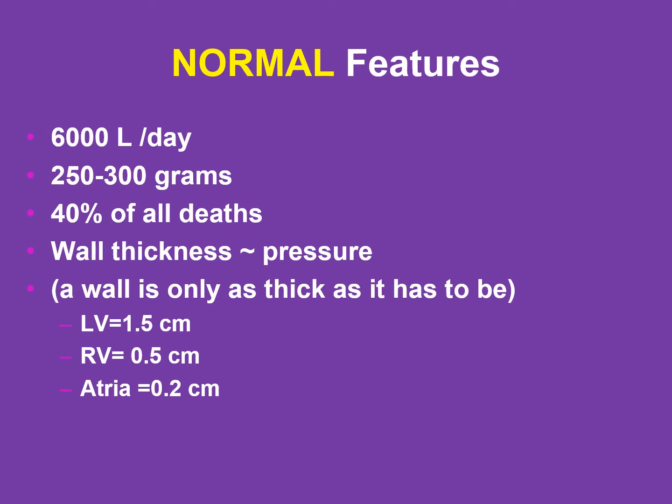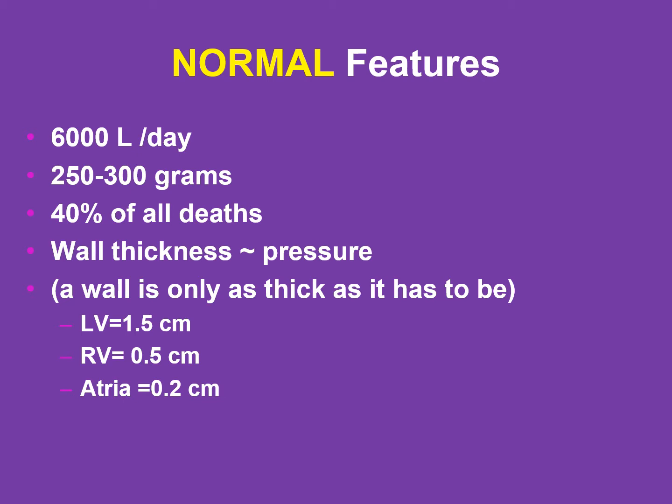So what are the normal features of the heart? The heart pumps approximately 6,000 liters a day of blood, and in the Caucasian population, the heart weighs 250 to 300 grams, and at least 40% of all deaths are associated with malfunctions of the cardiovascular system.